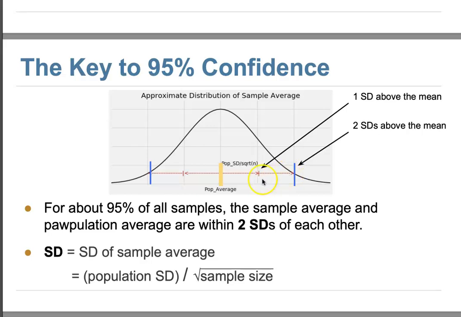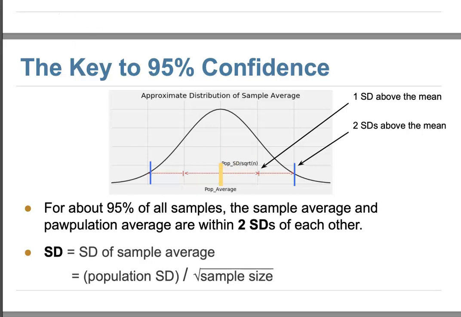We can calculate the standard deviation of the sample mean as the population SD divided by the square root of the sample size. The distance from the population average to the sample average is the same, so when we want to estimate the population average, we just need to find the standard deviation and take the range from our sample mean.